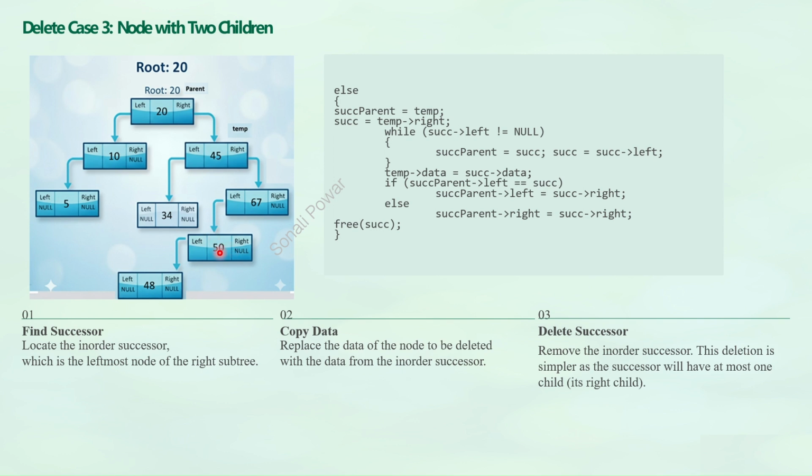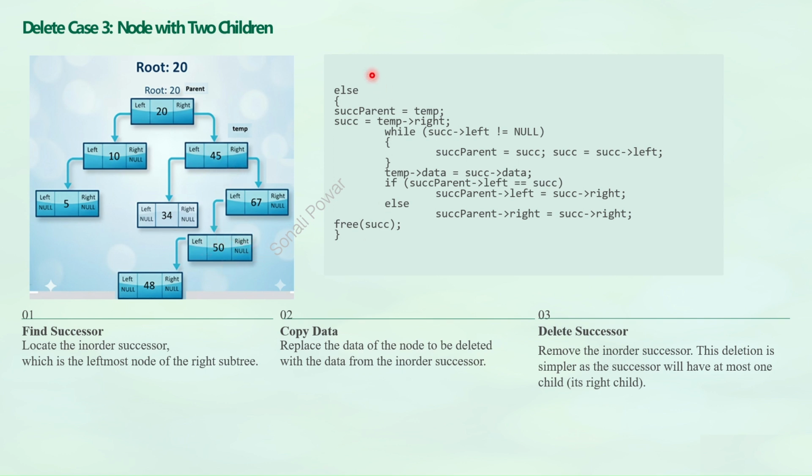Here as well left is not null, so I will move towards the left side. Now here if I try to move towards the left side, left is null. So 48 is the successor of 45. So you have to set the successor pointer to 48 and successor parent to 50. But how can I do this task?